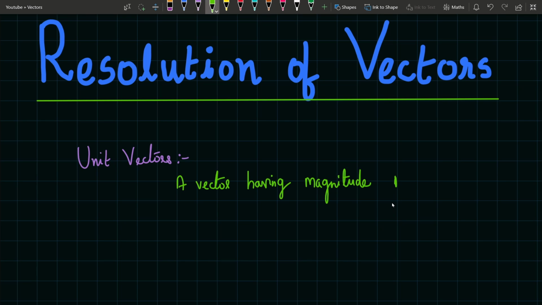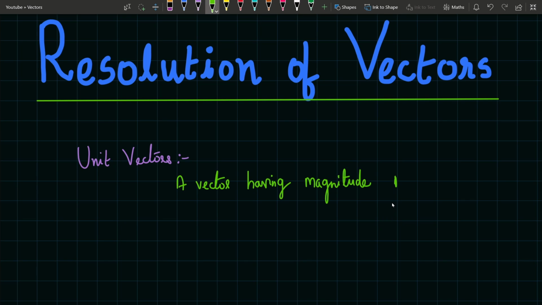So why are we studying these unit vectors? By having magnitude 1, this unit vector can represent a direction. Because we know that it has a magnitude of 1, we can use that to represent a particular direction. And if I multiply a number to that, I can create whatever vector I want in that direction, right?